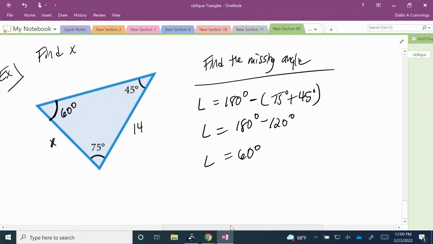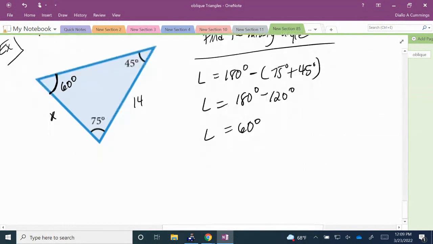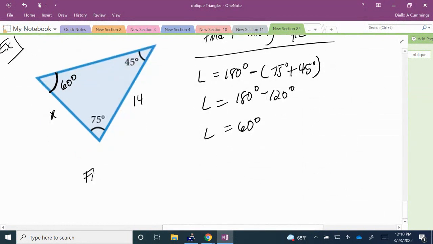Now we can find side length X by setting up a law of sines function.